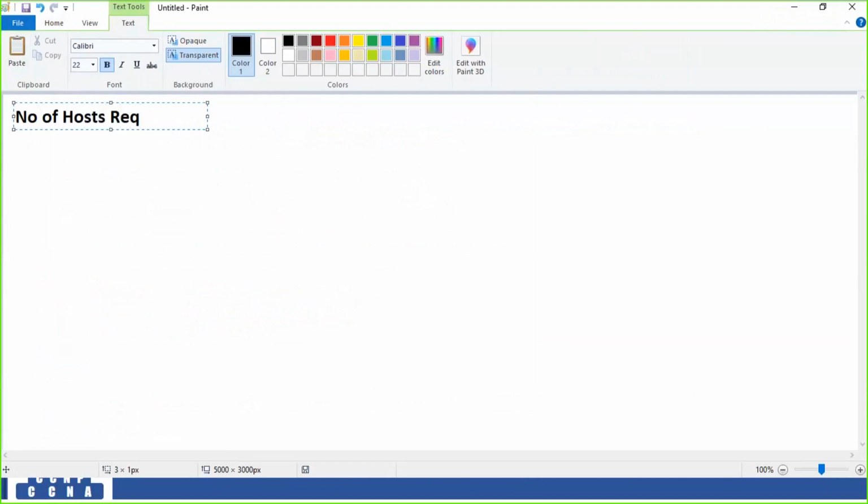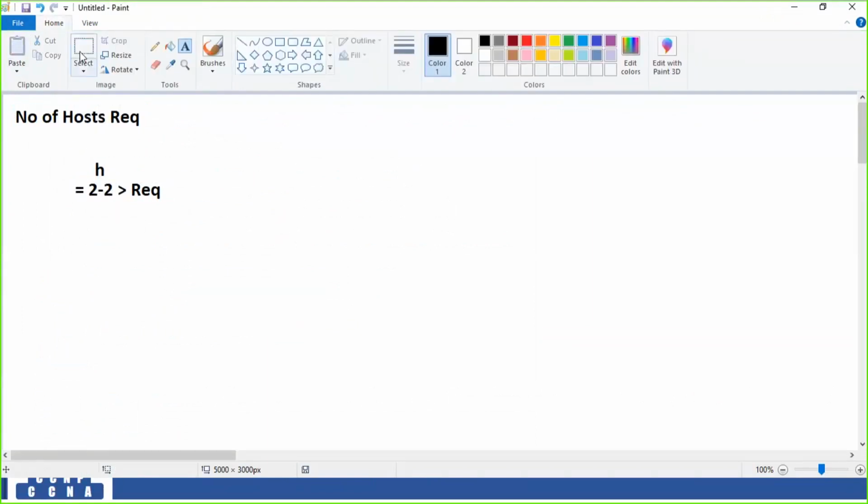Same formula: 2 power h minus 2 greater than or equal to the requirement. H indicates hosts, and n indicates networks. So 2 power h minus 2 greater than or equal to the requirement.